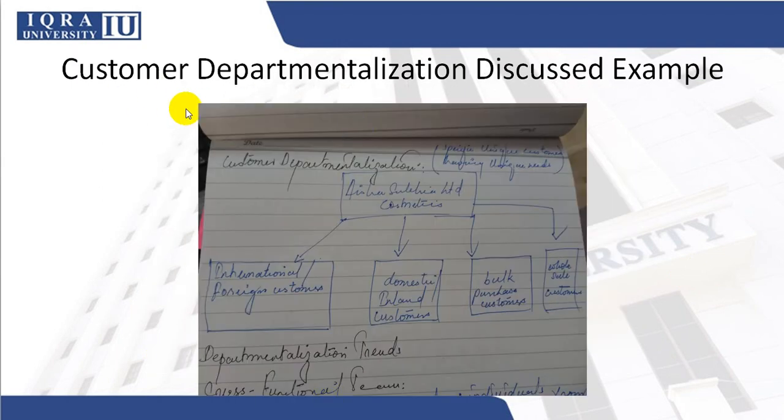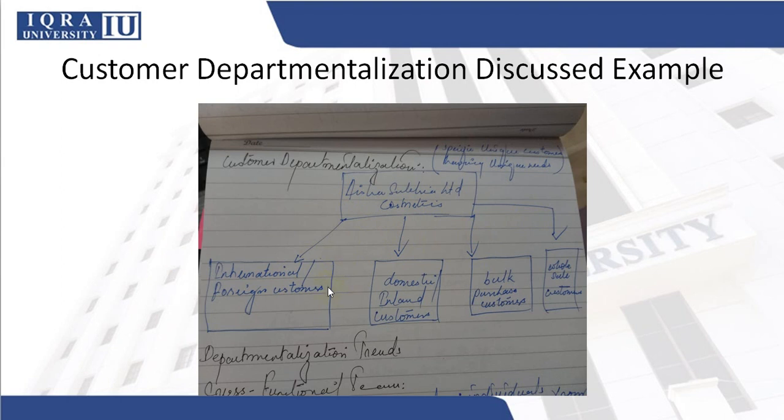Now we have customer departmentalization. It is simply for specific unique customers having unique needs. A company does departmentalization on the basis of unique customers having unique needs. For instance, I have a company, Aisha Solaria Limited Cosmetics, and I have made certain departments on the basis of unique customer needs.